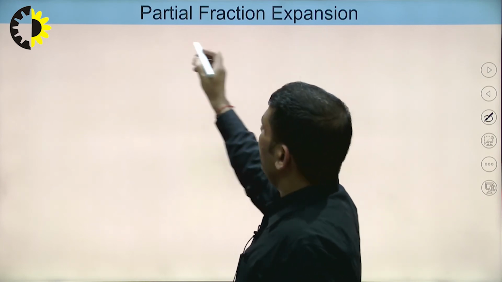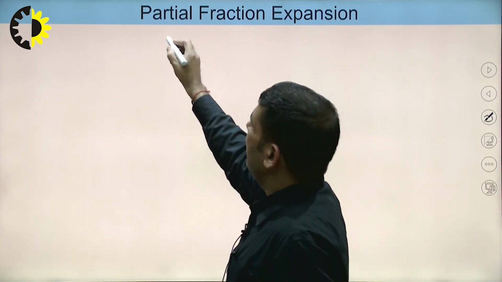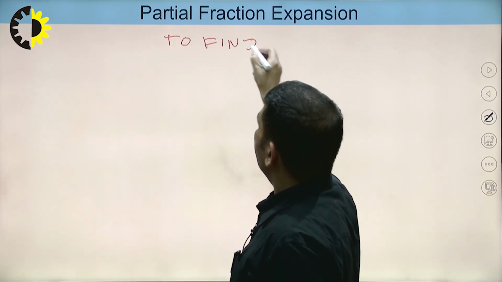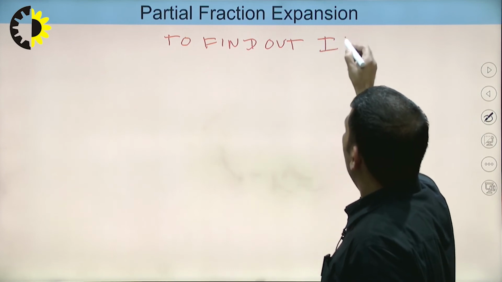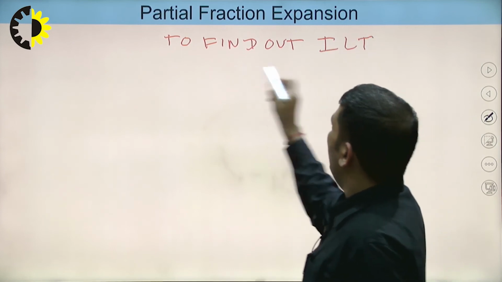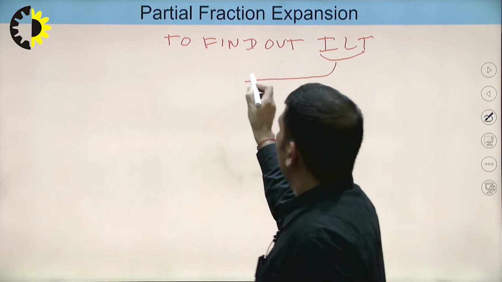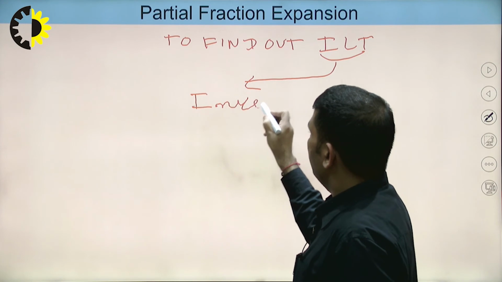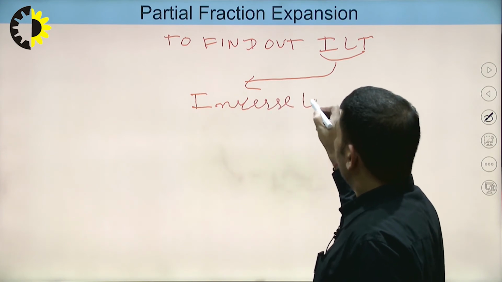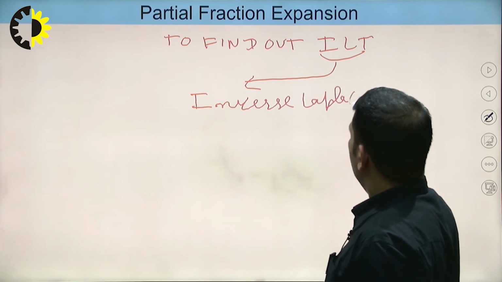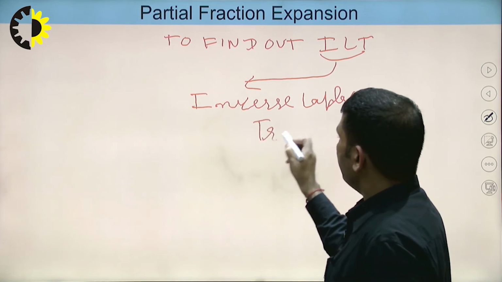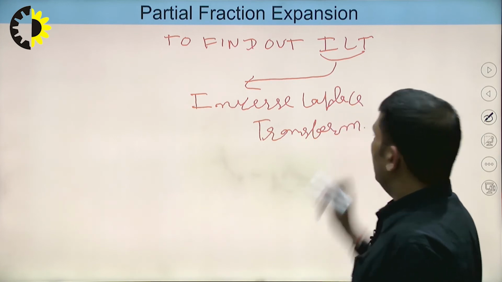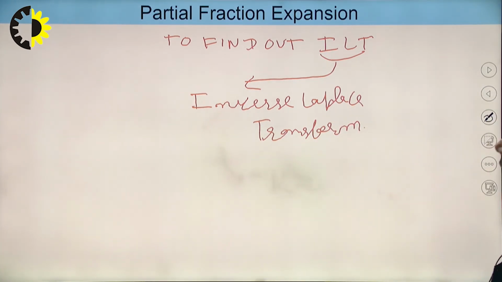So partial fraction expansion, why is it necessary? Basically to find the inverse Laplace transform. ILT is inverse Laplace transform.